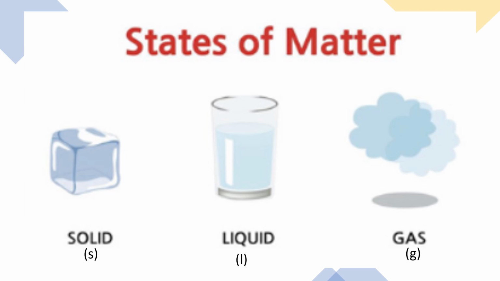And what makes it important is different states of matter will give you different values of the change in enthalpy. Later on, I will show you an example of how these different states of matter differ in these change in enthalpy values.